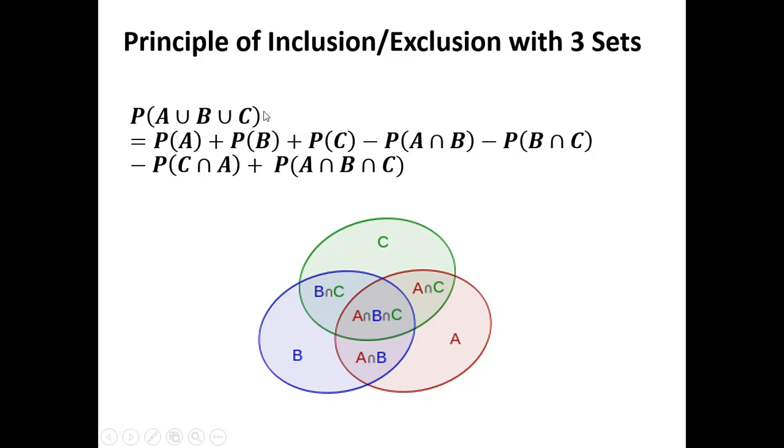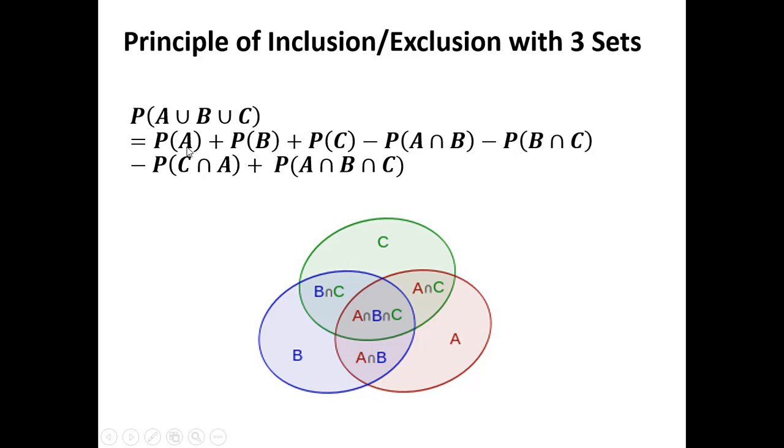And one way to try to remember this is if you want, let's say, either a count of elements, or this will apply for probability, the probability of A union B union C. You find the probabilities of each of these sets individually, and we've added them. But by doing this, we've counted various overlapping areas more than once.